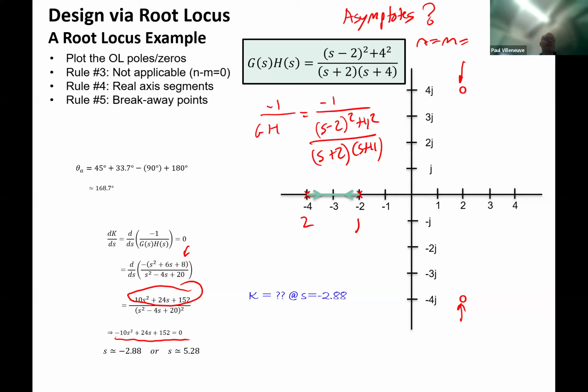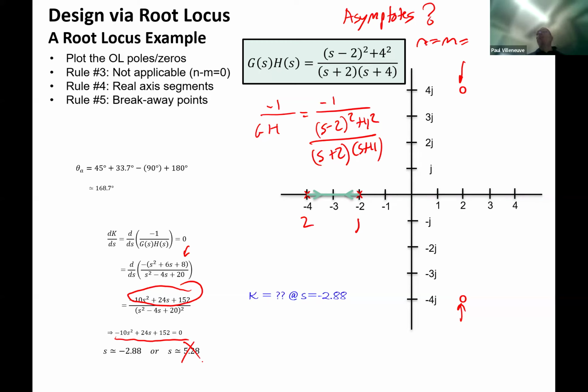You should be able to tell. Anybody? One's invalid. Which one's invalid? The 5? Why is the 5.28 invalid? Keep talking.